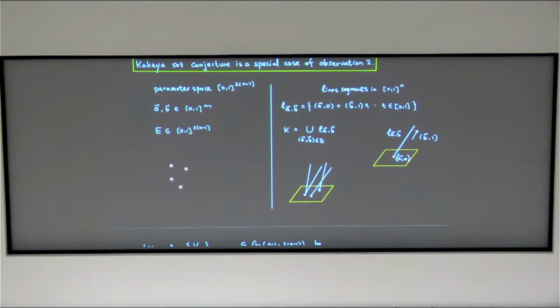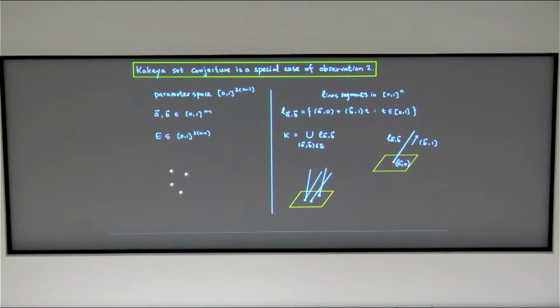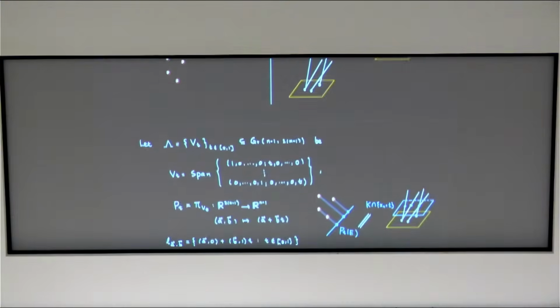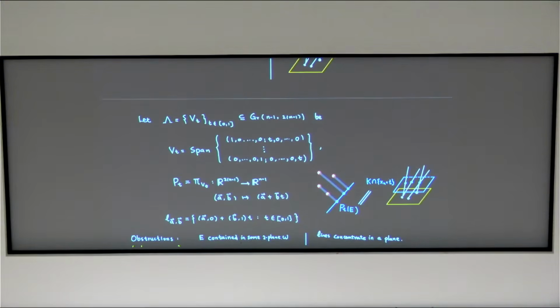So essentially the Kakeya conjecture asks to estimate the dimension of sets of this form, and how is this related to restricted projection? Now we can write down the explicit curve in the Grassmannian, the set of n-1 dimensional spaces in R2n-1.